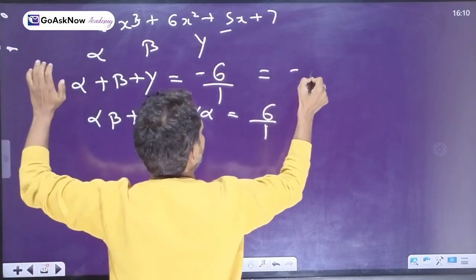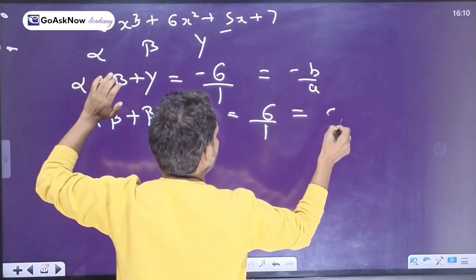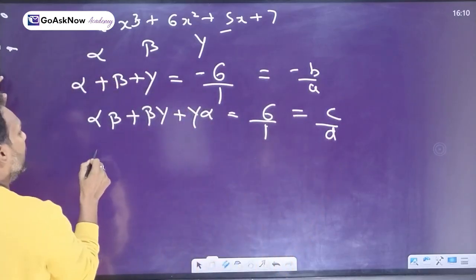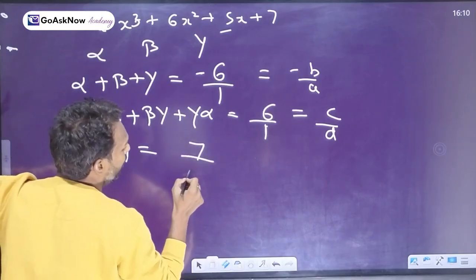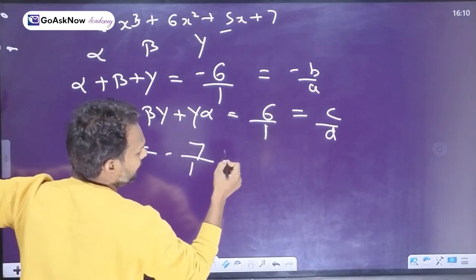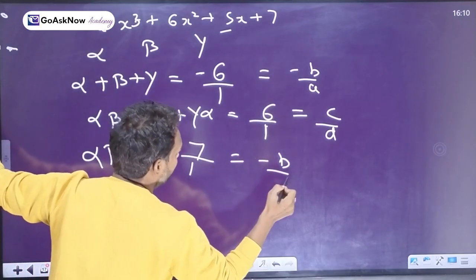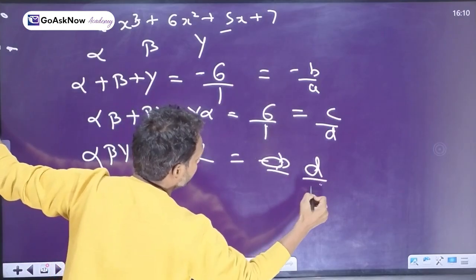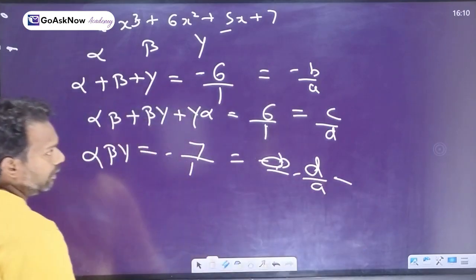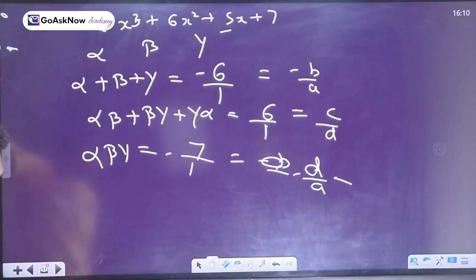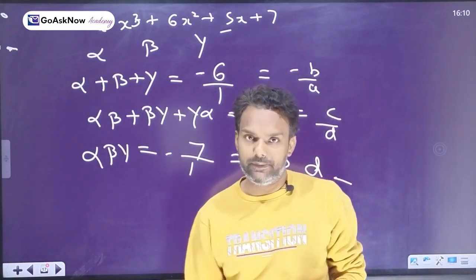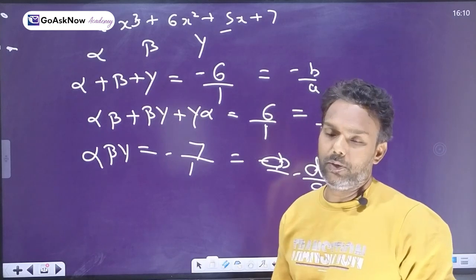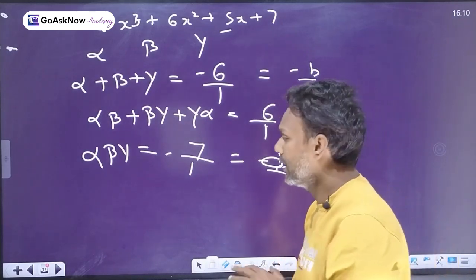This is minus b by a, this is c by a, and alpha beta gamma, the product of roots, will be 7 upon minus 1, meaning minus 7 upon 1, that is minus d by a. Okay. Finding the roots of a cubic equation is out of your syllabus, so we are not going to study how to find the roots of a cubic equation.